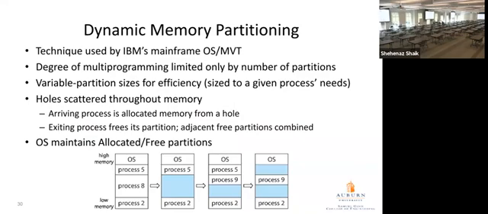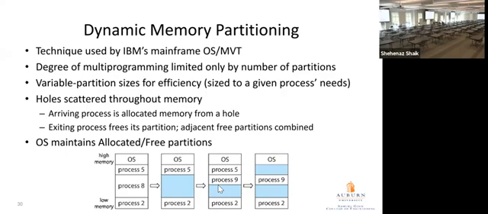Which is all good, but with this particular approach, what happens is, as processes complete their execution or are swapped out for various reasons, the memory space that was allocated to that particular process is again free for allocation and is considered as a separate hole.